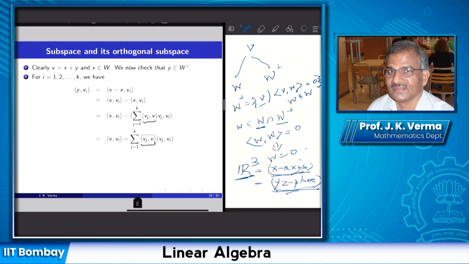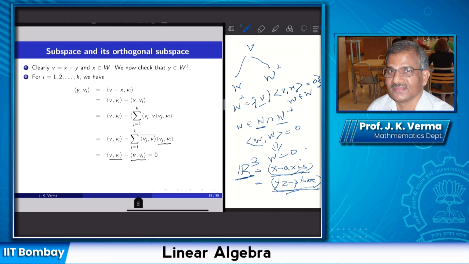So I get the conjugate of the inner product of V with Vj, times the inner product of Vj with Vi, j equal to 1 up to k, and when j is not equal to i, this is 0 because Vi and Vj are perpendicular. So I put j equal to i. Then I get just the inner product of V with Vi, because Vi inner product with Vi is the square of the length of Vi, which is 1. So the inner product of V with Vi minus the inner product of V with Vi is equal to 0.